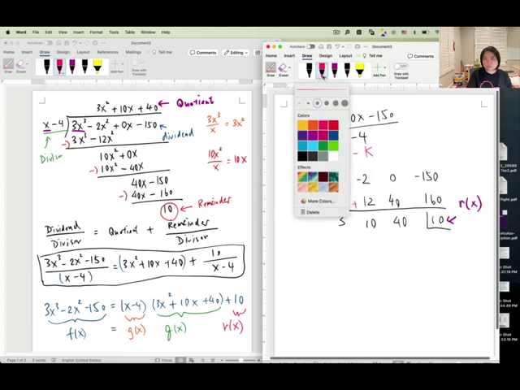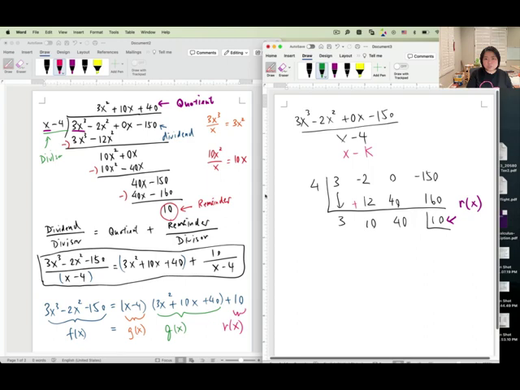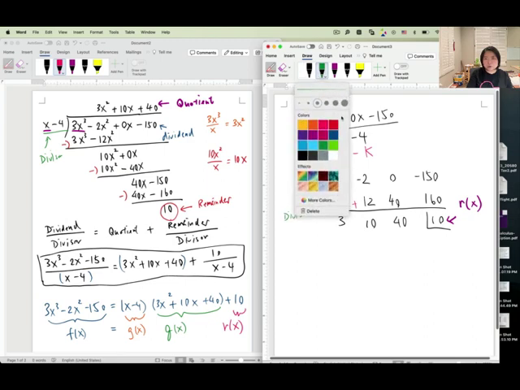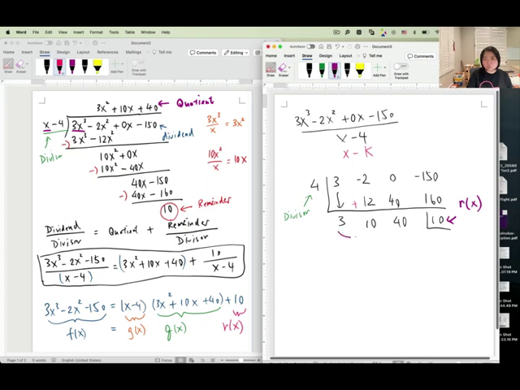And then the k here, x minus k, which is your 4, is your divisor. How about the quotient? The quotient is these numbers here. Since you already know our dividend starts from x cubed, then x squared, x, and then the constant, whatever you get for the quotient, you subtract 1 degree.